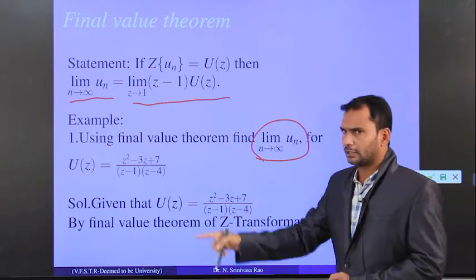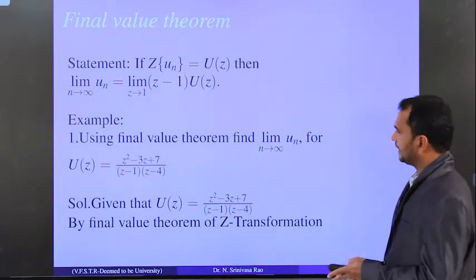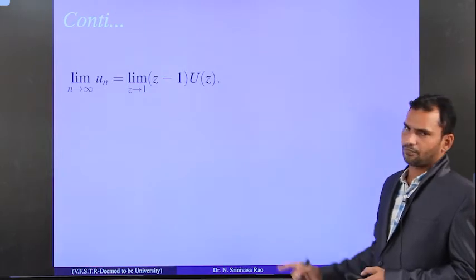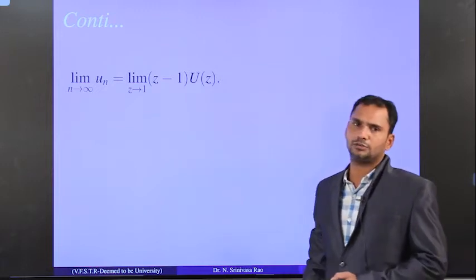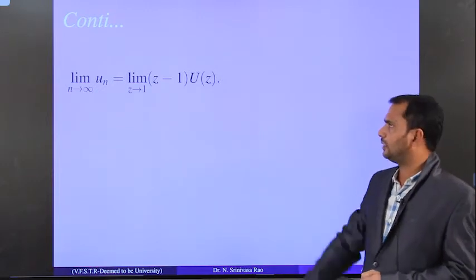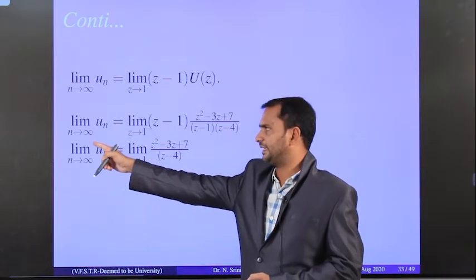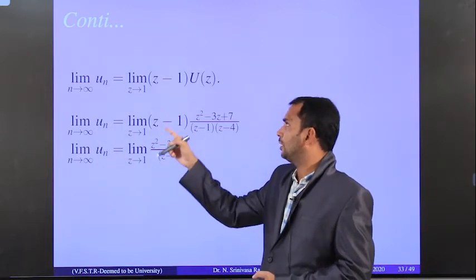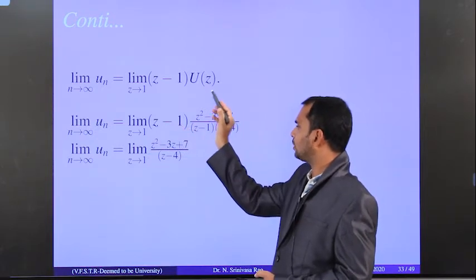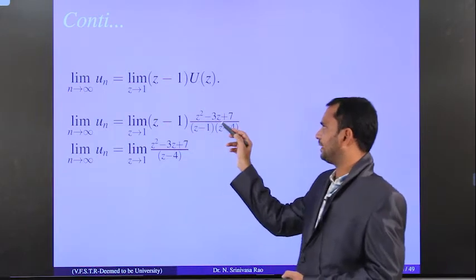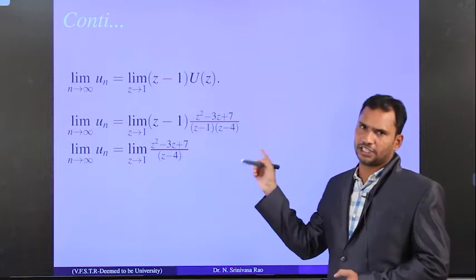Now we are going to apply it. By the final value theorem of Z transforms, the limit as n tends to infinity of un equals the limit as z tends to 1 of (z minus 1) into U of z. The U of z value is (z squared minus 3z plus 7) divided by (z minus 1) into (z minus 4).